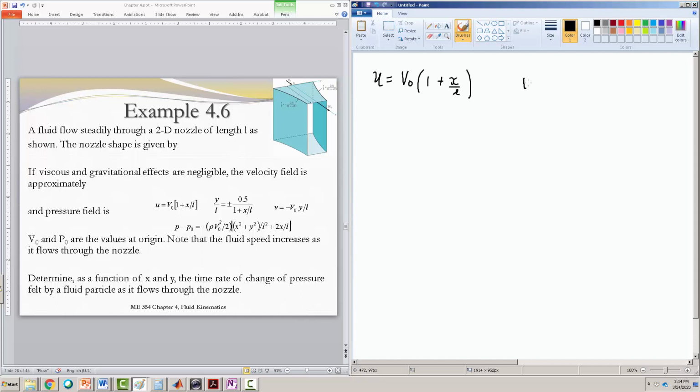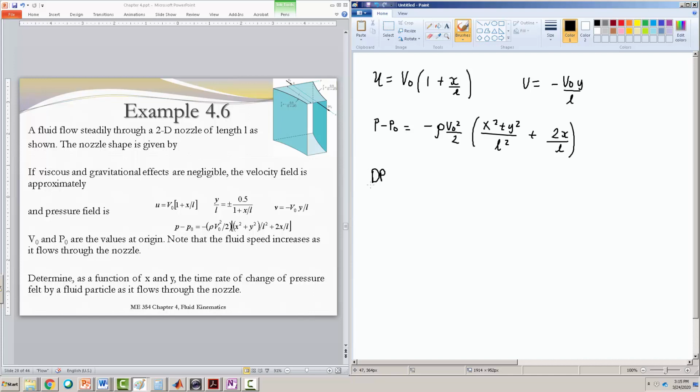We know that the velocity in the y component is simply minus V0 y divided by L. We know that the pressure is simply P minus P0 equals minus rho V0 squared divided by 2, times (x squared plus y squared) divided by L squared plus 2x over L. Okay, and what we're looking for in this particular case is the rate of change of the pressure.